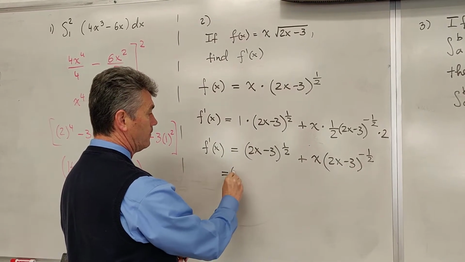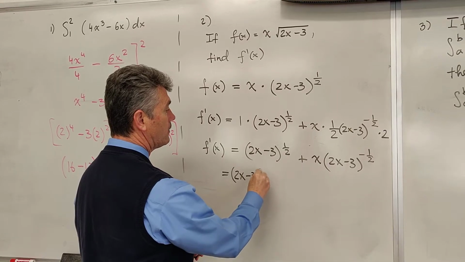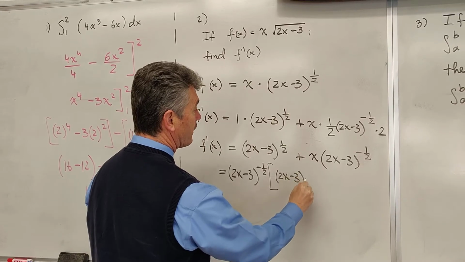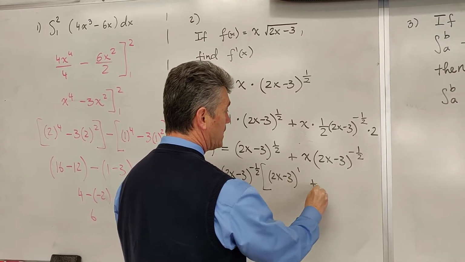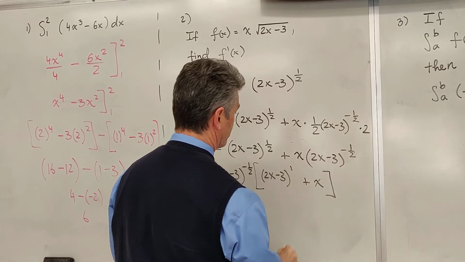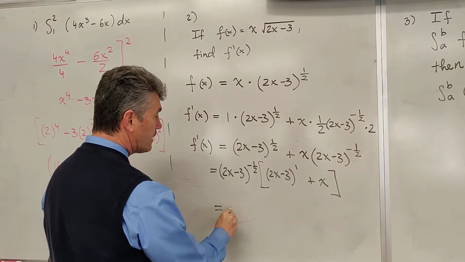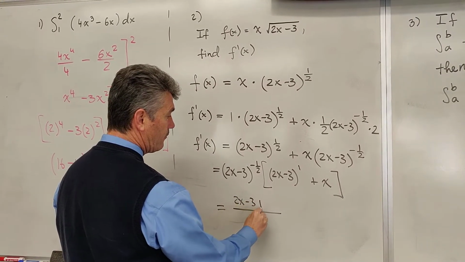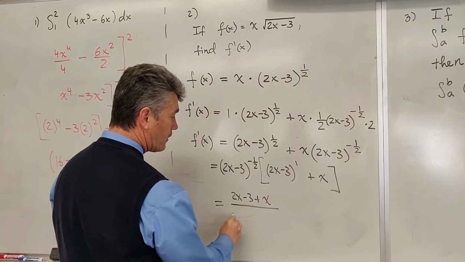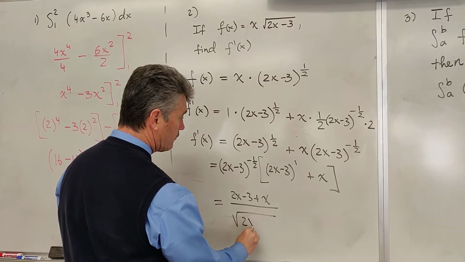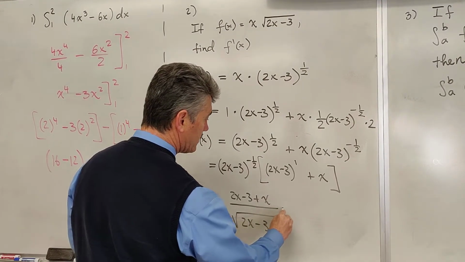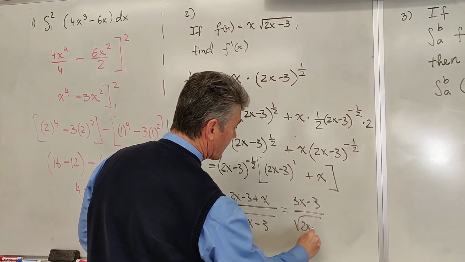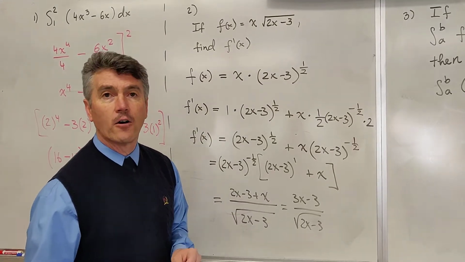We factor it. 2x minus 3 raised to the power of negative 1/2. We're left with 2x minus 3 raised to the power of 1 plus x. When we simplify this, we get 2x minus 3 plus x over the square root of 2x minus 3. So 3x minus 3 over the square root of 2x minus 3 is our final answer.